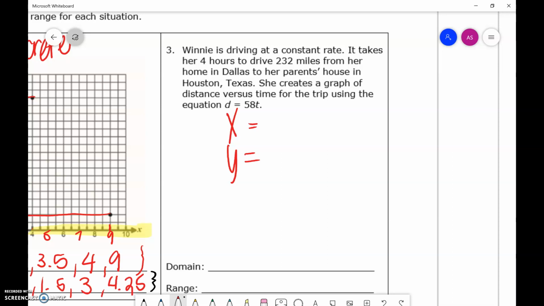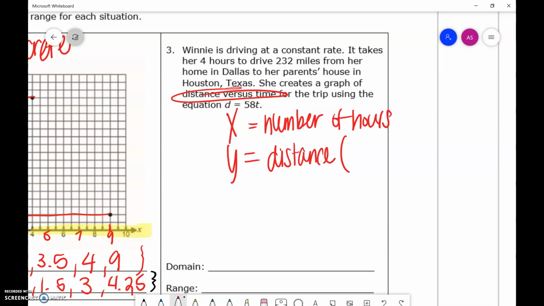So they gave us distance versus time. So we know that our x will stand for our number of hours. And then depending on the number of hours that she drives, that will determine her distance. And our distance is in miles.